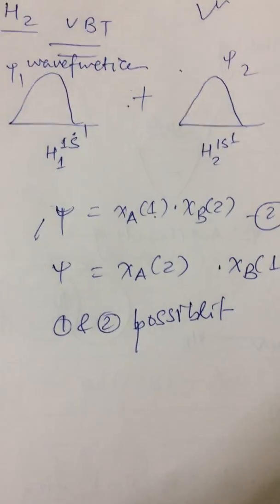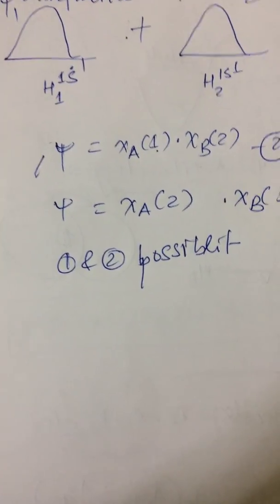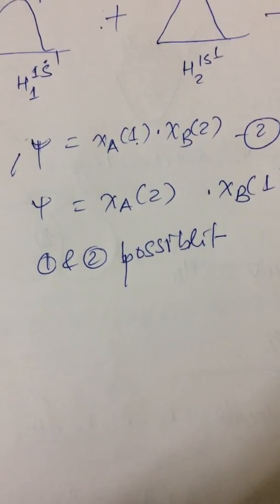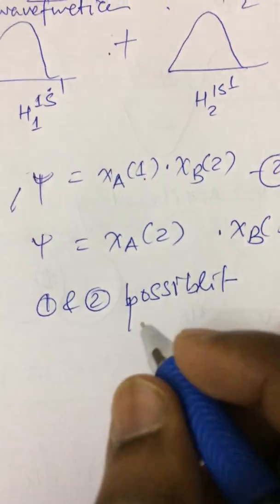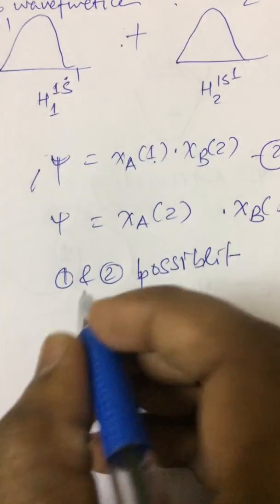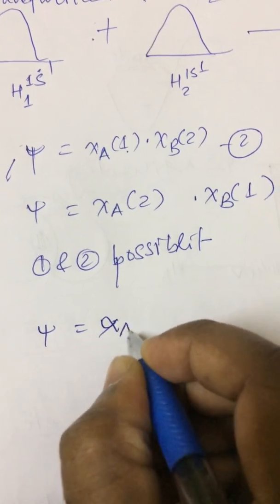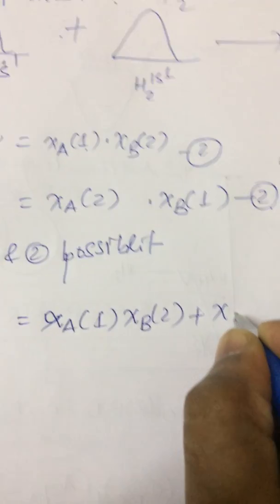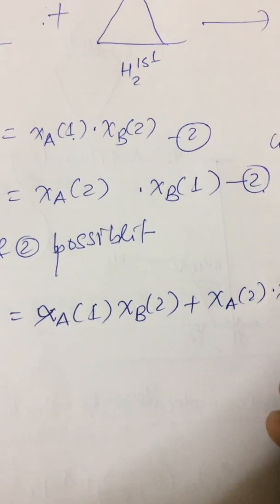So the outcome is equally likely from both equations. According to quantum mechanics, we can write the state function of this system as a superposition of the wave functions: psi is equal to the combination of both equations, chi a for the first electron times chi b for the second, plus chi a for the second electron times chi b for the first.